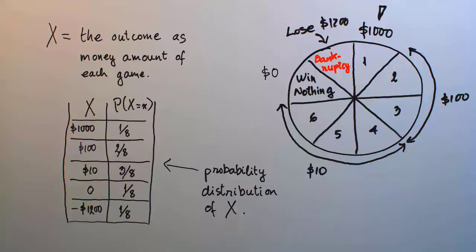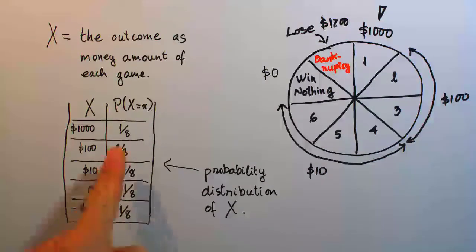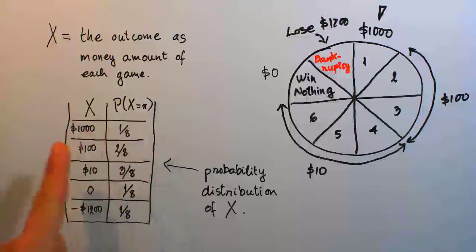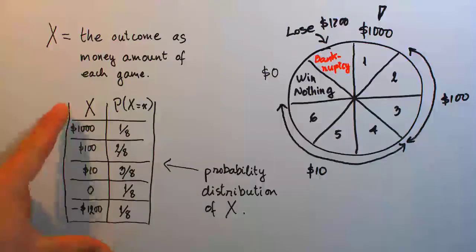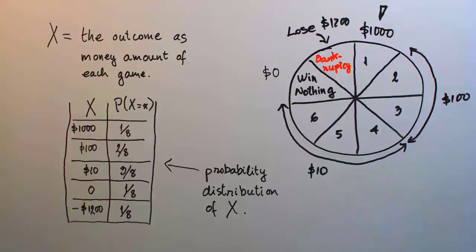The probability distribution lists the values that our variable can take, and also lists the probabilities, how much chance the variable has of taking on each distinct value.